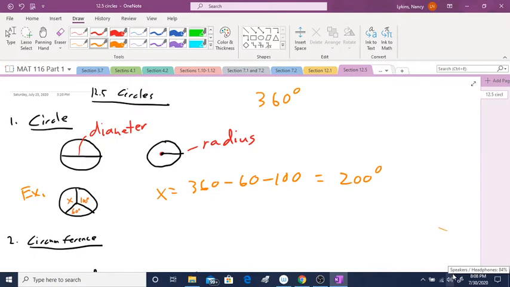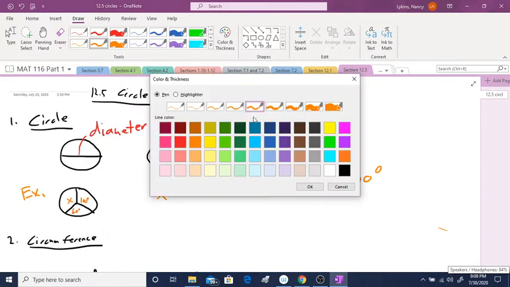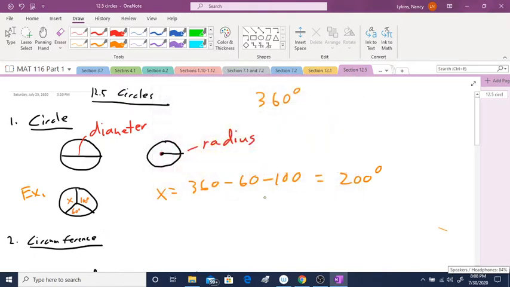Now, circumference. Circumference is the distance around the circle, or you can think of it as the perimeter.